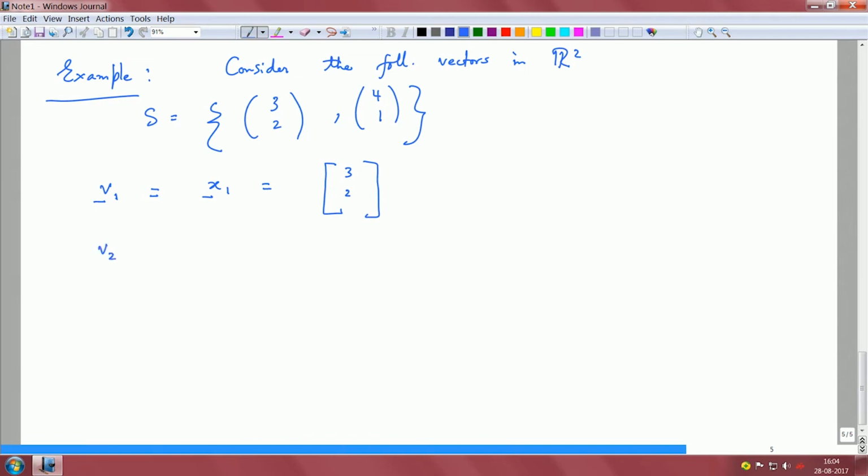and V2 is basically x2 minus the inner product of x2 with V1 upon the inner product of V1 with V1, in the direction of V1.